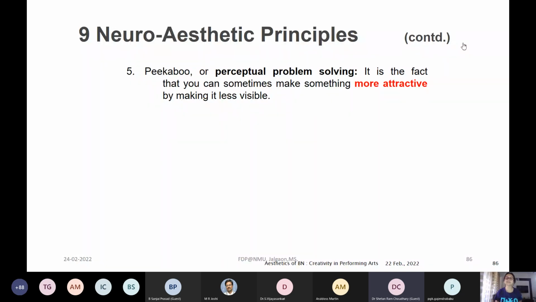Something is not visible, less visible, but more attractive. Any example can you give? No? Difficult.